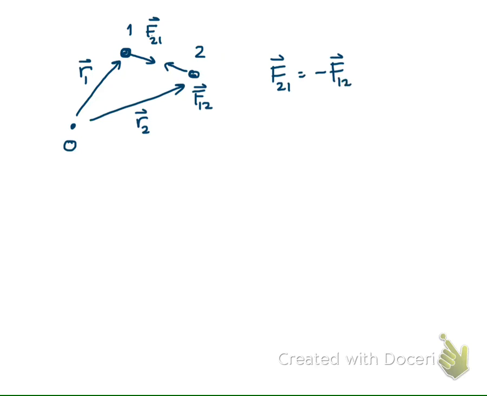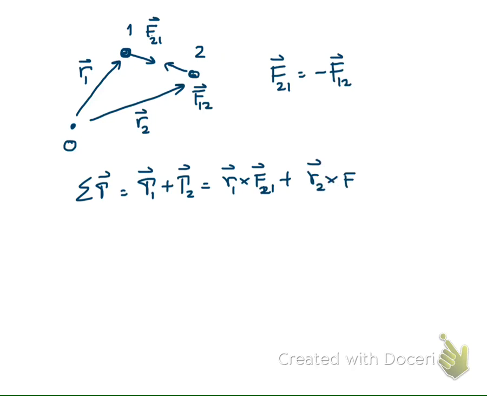So if we want to calculate the net torque on the system, the net torque is the torque on particle number 1 plus the torque on particle number 2, which equals R1 cross F21 plus R2 cross F12.